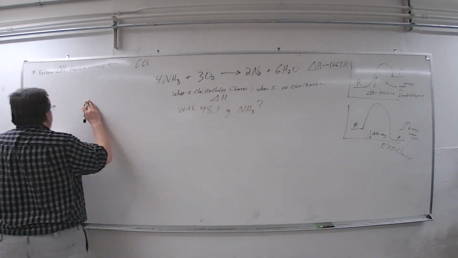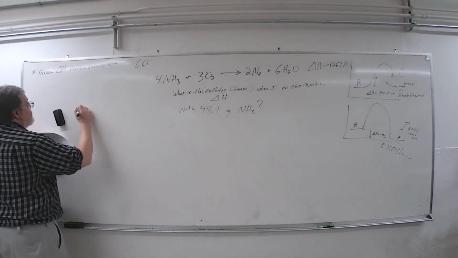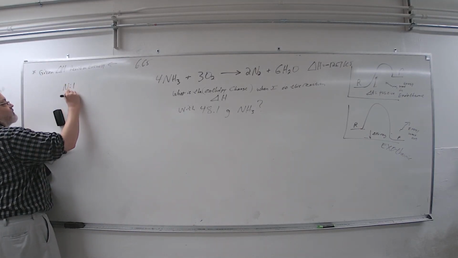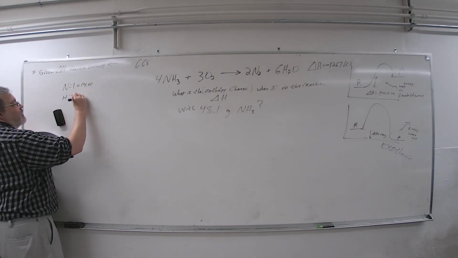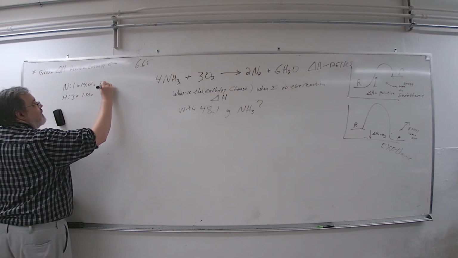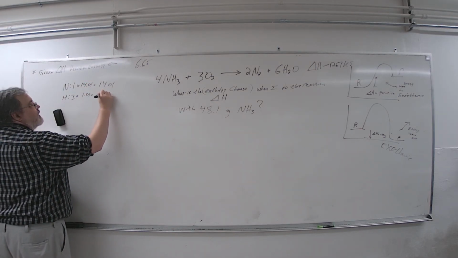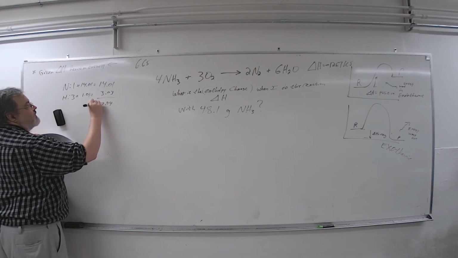Well, I guess we have to do this first. We need the grams per mole. Grams of NH3 is mentioned. We're going to need grams per mole. There's 1 of those. There's 3 of those. 14.01 from the periodic table. 1.01 from the periodic table. 3.03. 17.1.